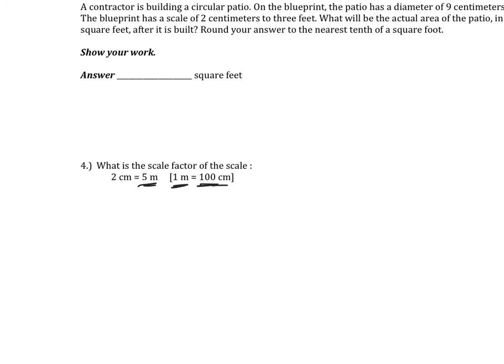Okay, so this is a 2 to 5, all right? And we know that we have 5 meters, and that's 500 centimeters. Okay, and we're looking for this. So again, cross multiply, and then divide. All right.